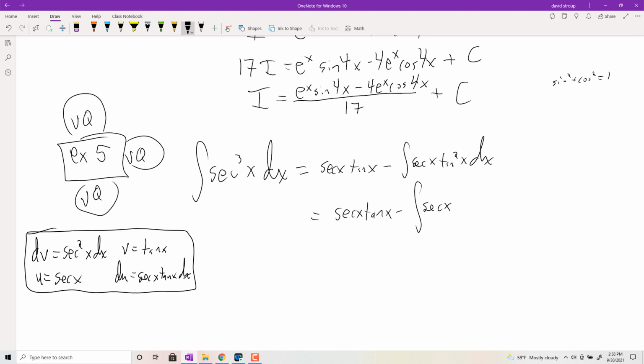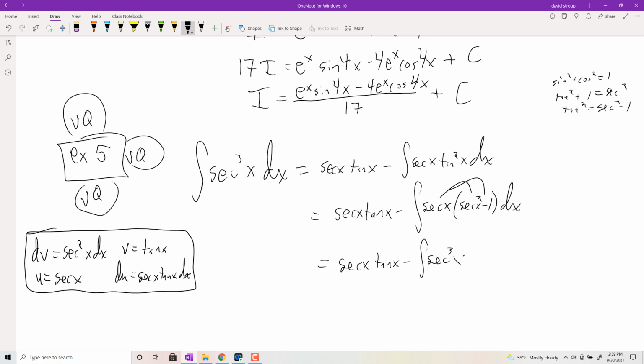If you divide by cosine squared, you get tan squared plus 1 equals secant squared. So tan squared is actually equal to secant squared minus 1. Then what you're going to do is distribute that secant. So you get secant x tan x minus the integral of secant cubed x minus secant x, and all this in parentheses, dx.